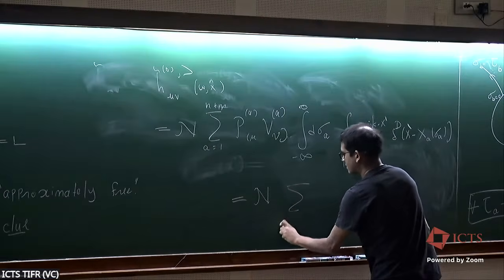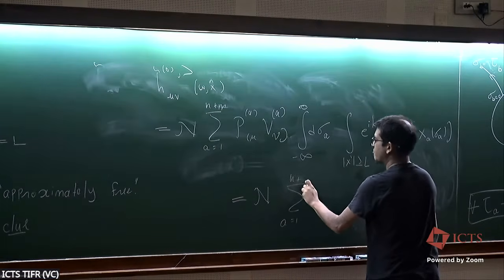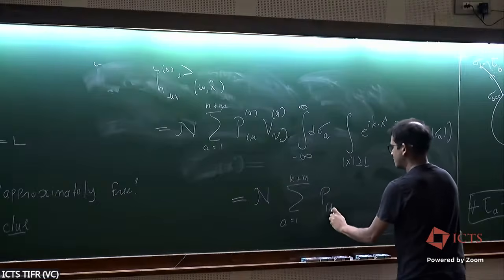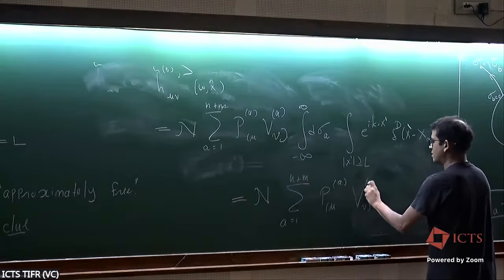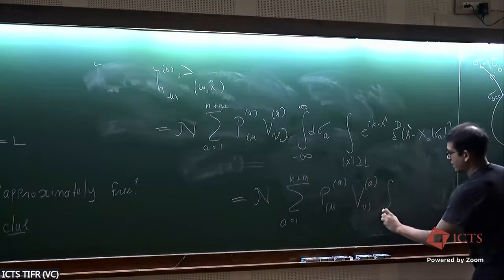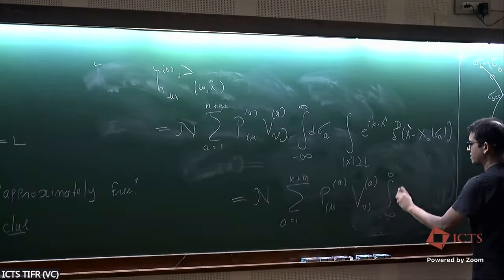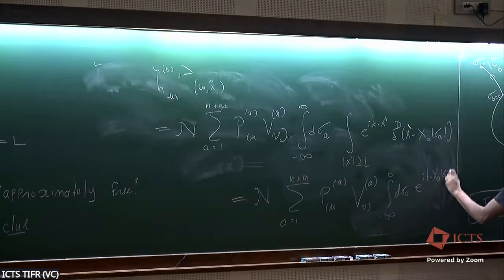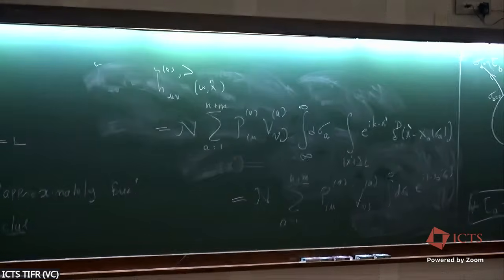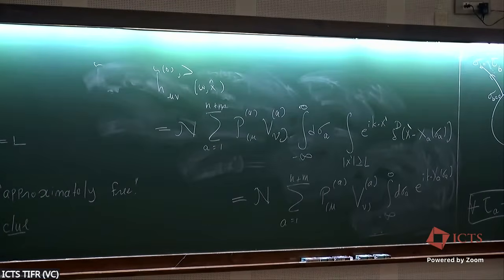And we will get something very simple: the integral from 0 of d sigma A e to the i k dot x_A of sigma A, right? Please ask if something is not clear.